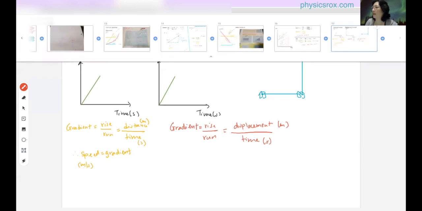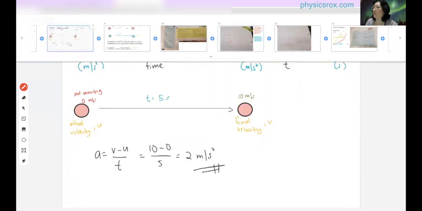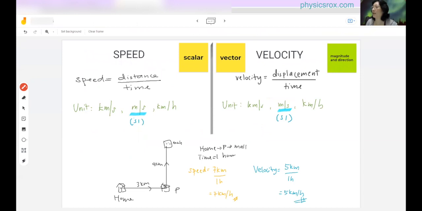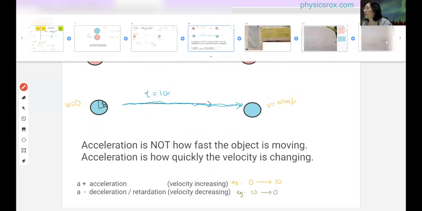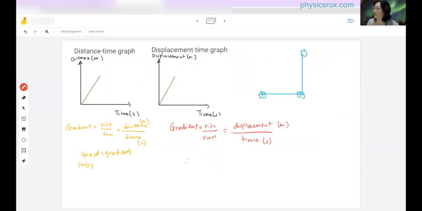If you look back at what we learned about speed and velocity, speed is distance over time, velocity is displacement over time. So if you are looking at a displacement-time graph, this becomes velocity. Different graphs have different meanings for the gradient. Why I'm showing you this is because I just want you to be aware that for different graphs, the gradient has different meaning.